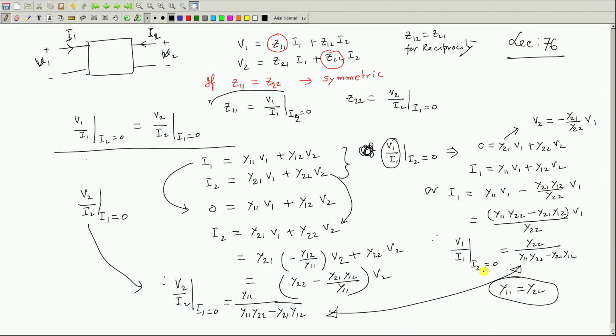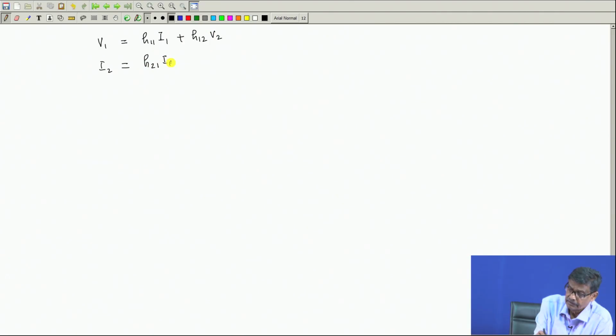This condition should be satisfied. Now, let us do it for H matrix, what condition it will satisfy in order that it becomes a symmetric matrix. Therefore, you recall that this H matrix equation is V1 is equal to H11 I1 plus H12 V2, and I2 is equal to H21 I1 plus H22 V2.